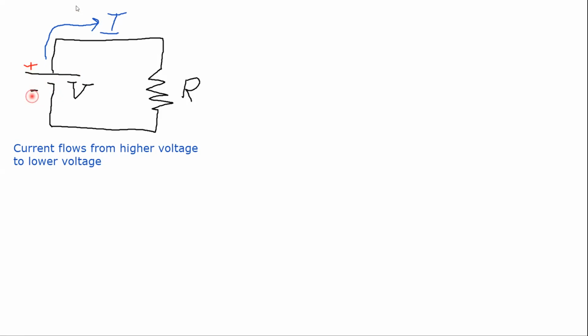It can't do that. Batteries don't work that way. Batteries take charges from the lower end and increase their energy and put them out on the upper end. Okay, this is the higher potential, so it's going to go from the higher potential down to the lower potential, which is this part here. Okay. I'm going to explain it in a different way right now, but hopefully that makes sense.